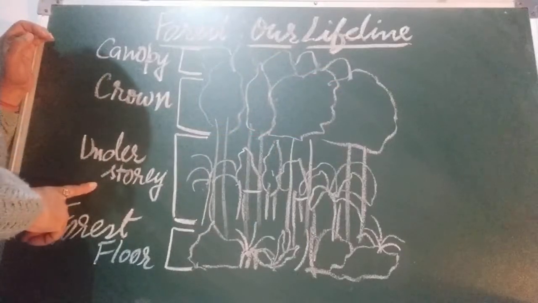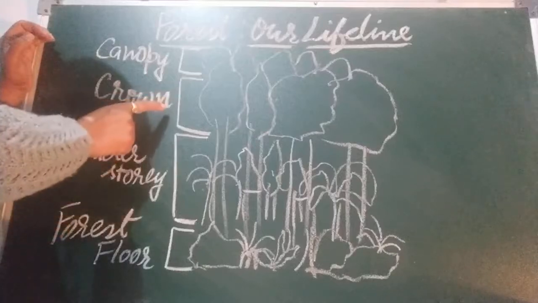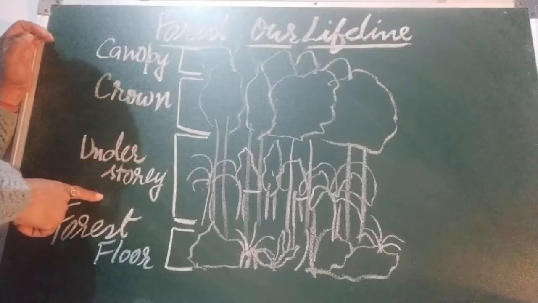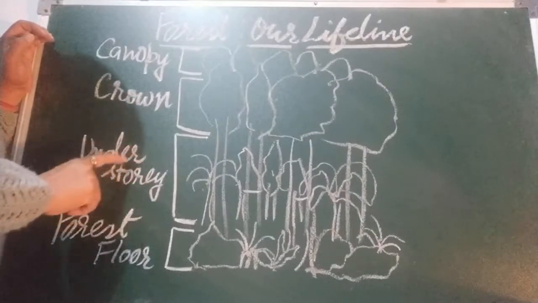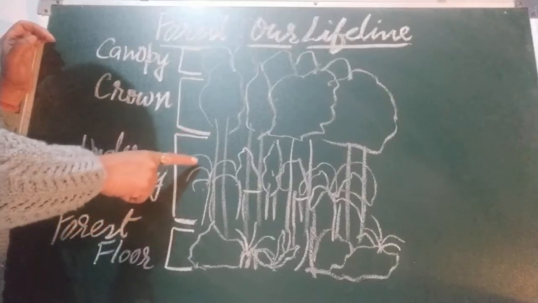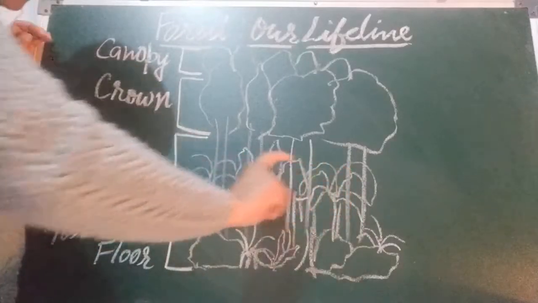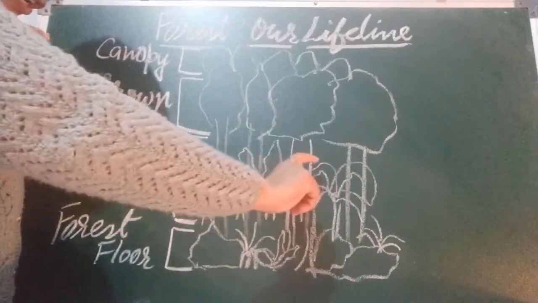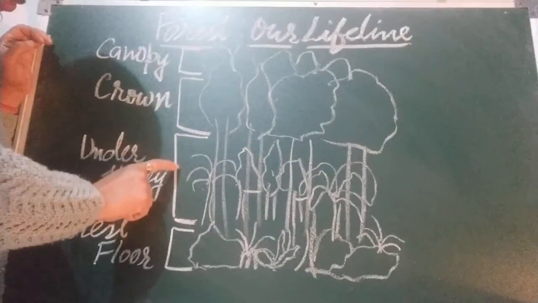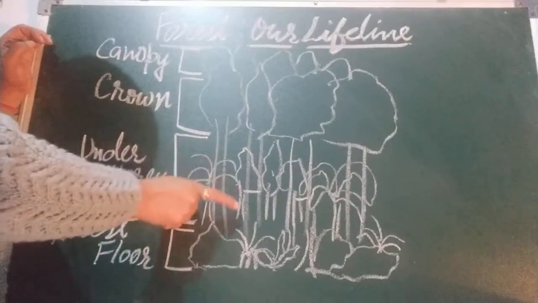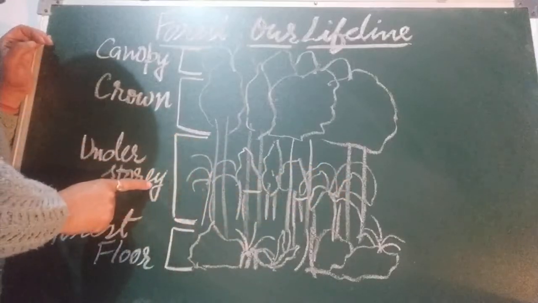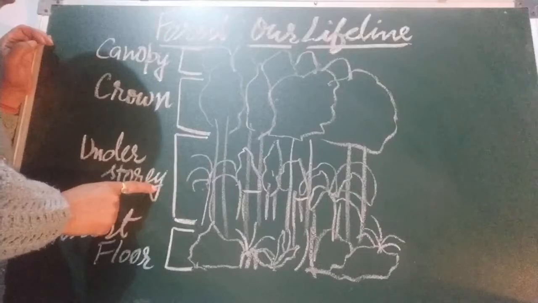Now we are coming to the understory. The layer of vegetation in a forest just below the crown is called the understory. It mainly has different horizontal layers below the tall trees. This is the layer of smaller trees, shrubs and tall grasses.